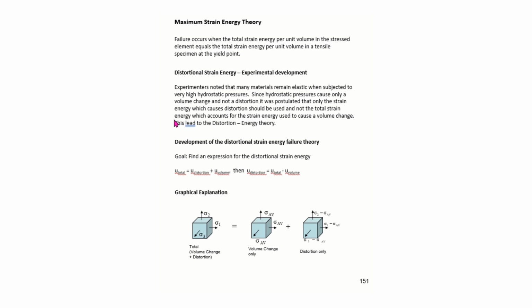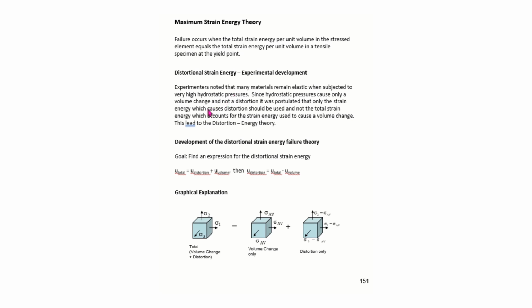In the development of the distortional strain energy failure theory, the goal is to find the strain energy due to distortion, the strain energy that causes the material to change shape. The hydrostatic pressure will cause a volume change, which will not cause failure.